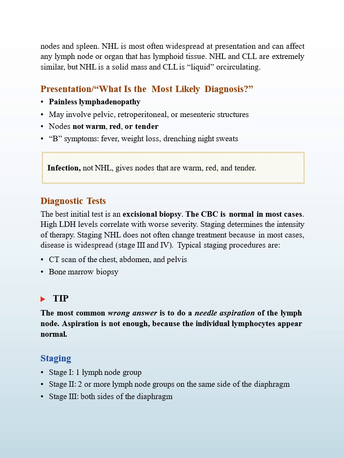Number 3, it may involve the pelvic, retroperitoneal, and mesenteric structures. And number 4, there are so-called B symptoms: fever, weight loss, night sweats. Infection, not NHL, gives the nodes the feature of being warm, red, and tender.